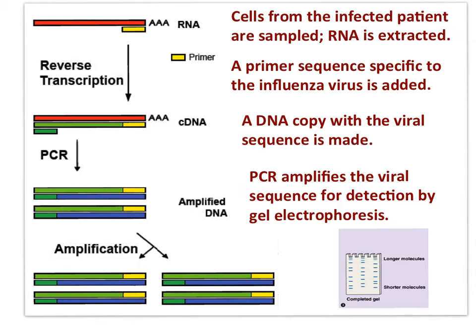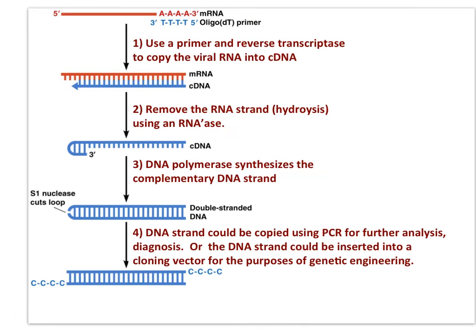The primer targets specific viral RNA, then reverse transcription copies only the viral RNA into viral DNA. Then, only then, is PCR employed to amplify the viral DNA for clear detection using gel electrophoresis. Here is the method once again. I'll let you study the details of this slide on your own.